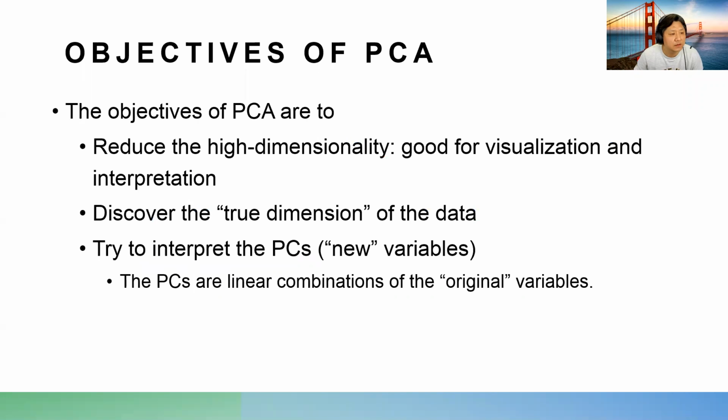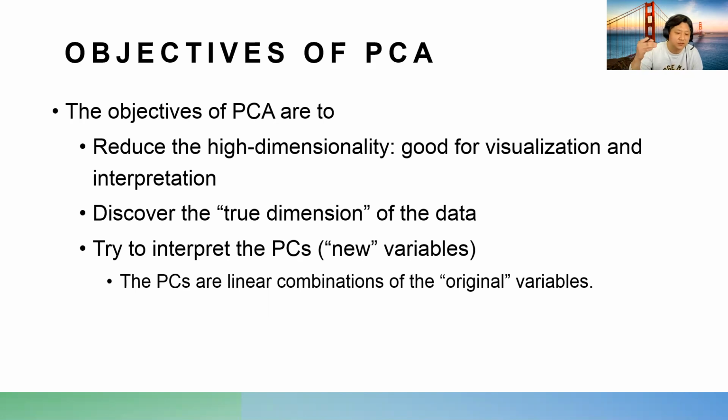So what are the objectives of a PCA? So it reduces high dimensionality. So it is very good for visualization and interpretation. If you have high dimensional data, so 10D or 20D, it is impossible to present visually, right?